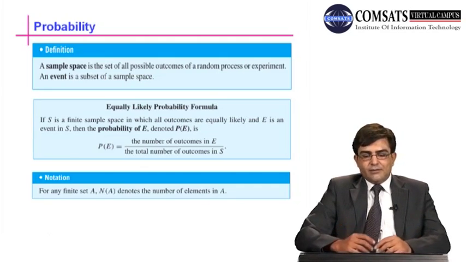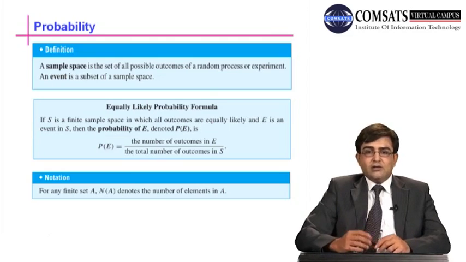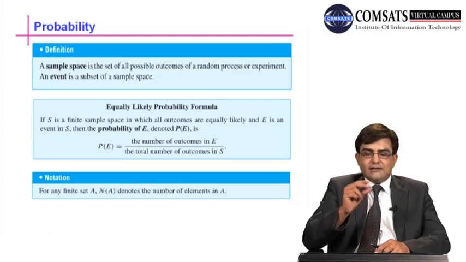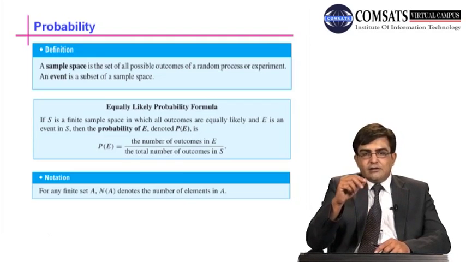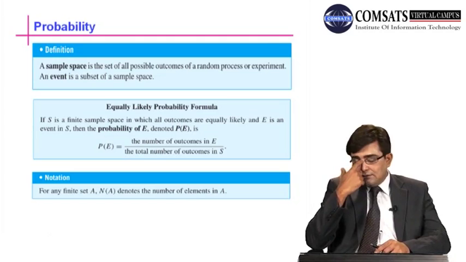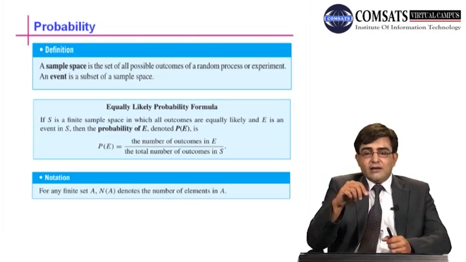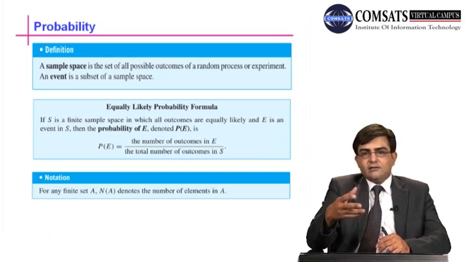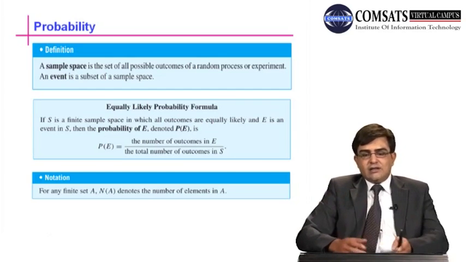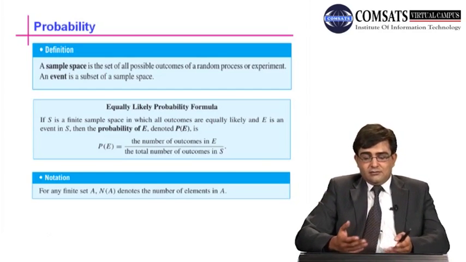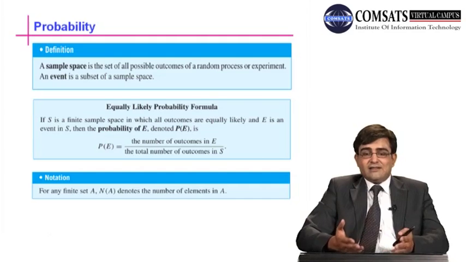For example, another example, you have played Ludo in your childhood, in which you have thrown a die several times. A die is that thing on which you have seen 1, 2, 3, 4, 5, 6 written when you throw it. So what are your chances to get a 6 on that die?